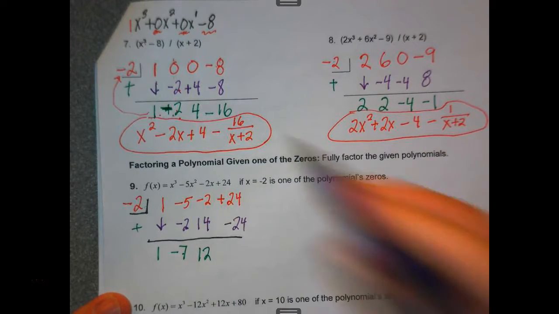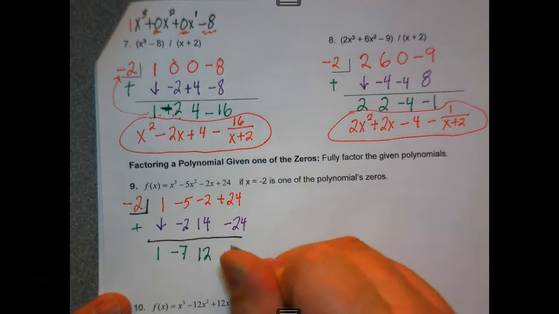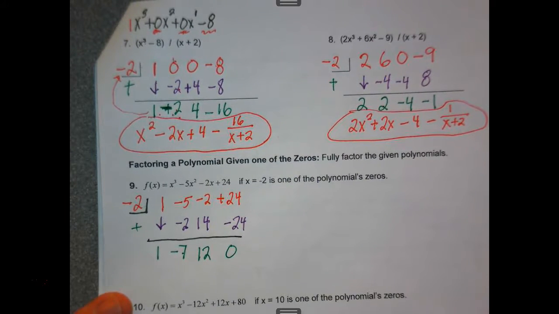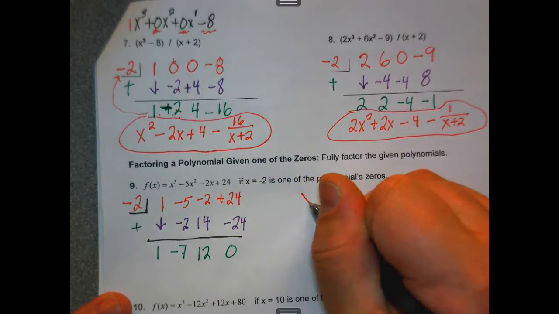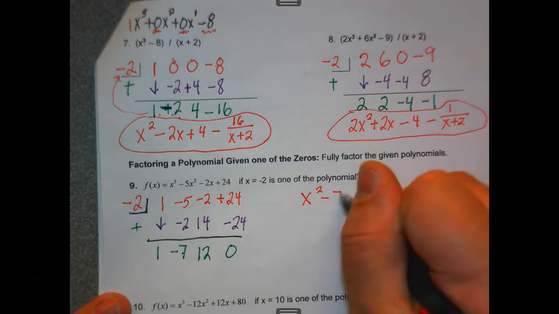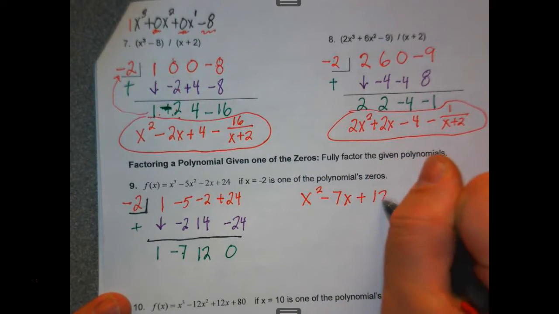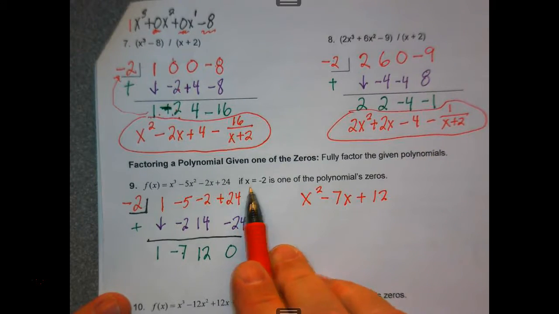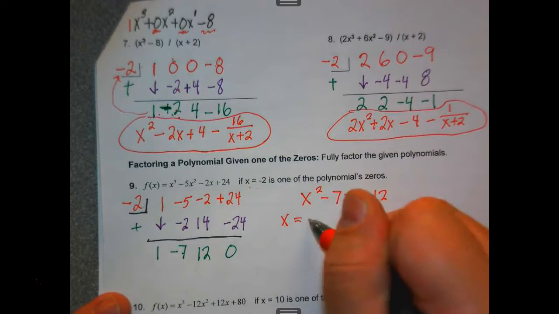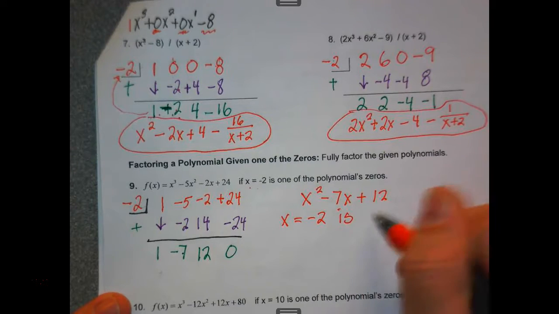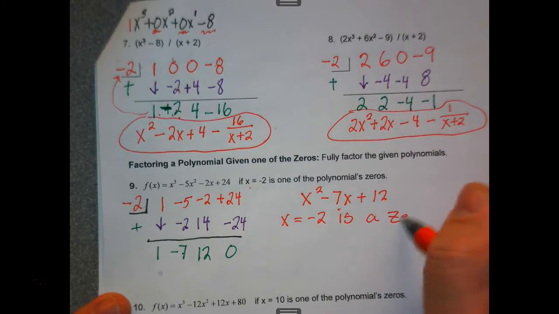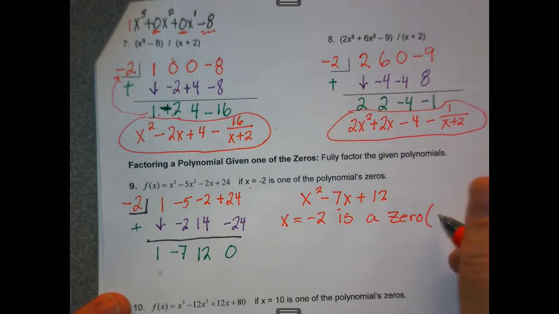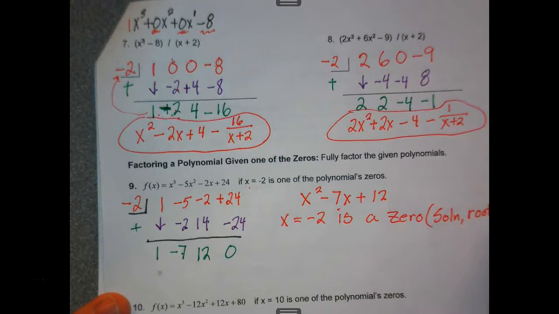Negative 24 plus 24. Okay, so my answer here is x squared minus 7x plus 12, and x equal negative 2 is a 0, or if you want to call it a solution, a root, whatever you want to call it.